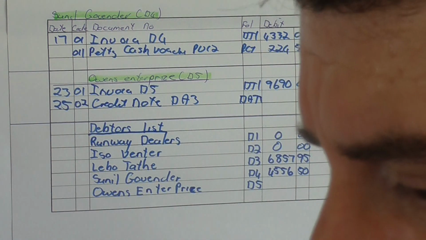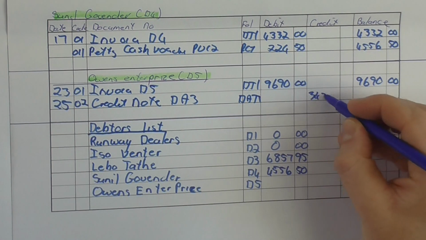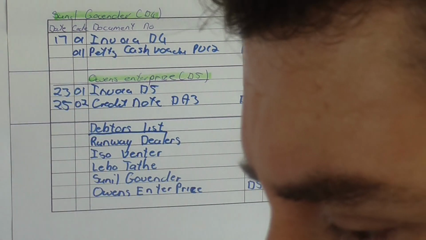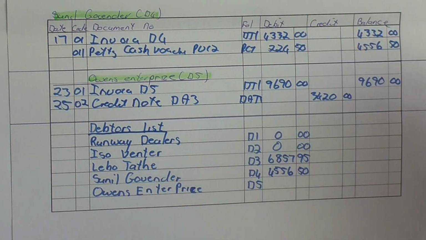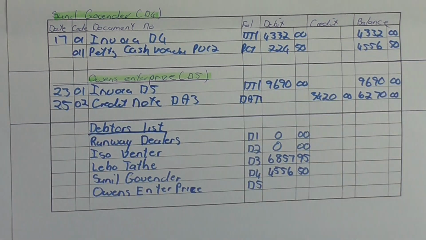And the amount gets credited for 3420. So if it gets credited, it decreases. So 9690 minus 3420 gives you 6270. So that is also then the last balance for Owens Enterprises. So the total goes on the list of 6270.